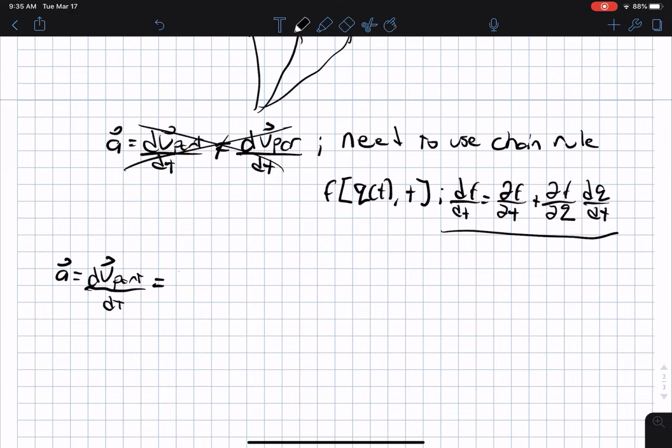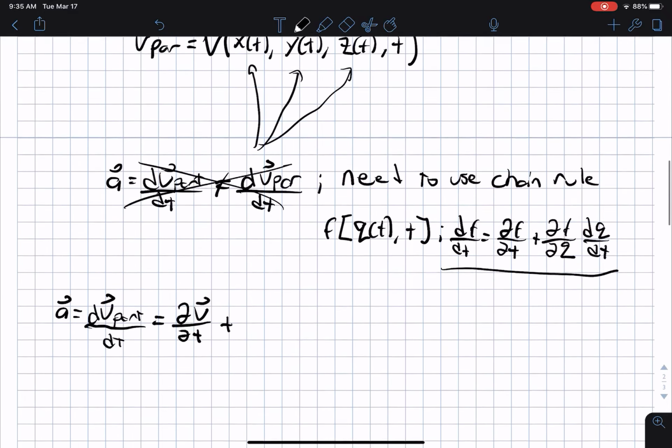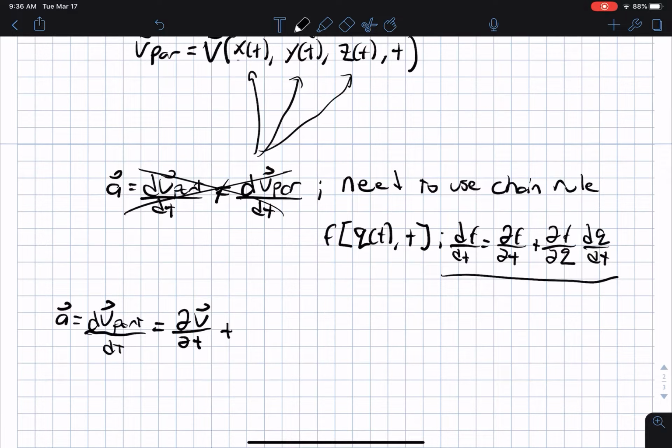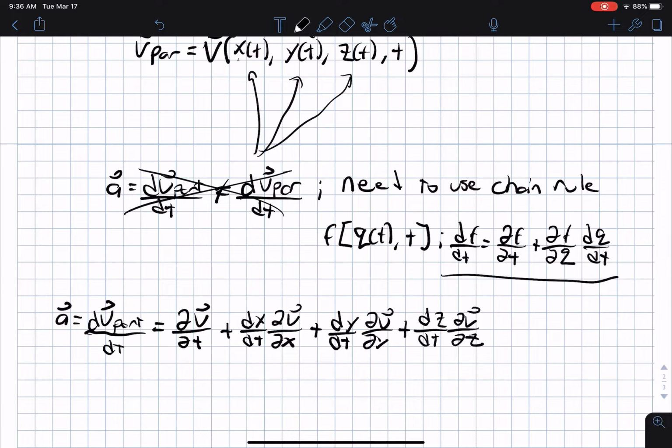So this would be partial v partial t, plus dx dt times partial v partial x, plus the similar term for the y derivative, dy dt partial v partial y, plus dz dt partial v partial z.